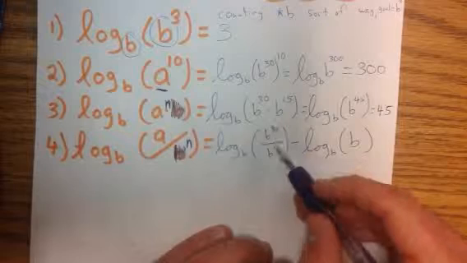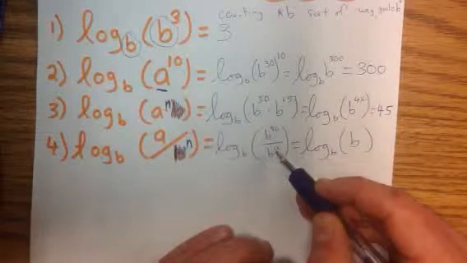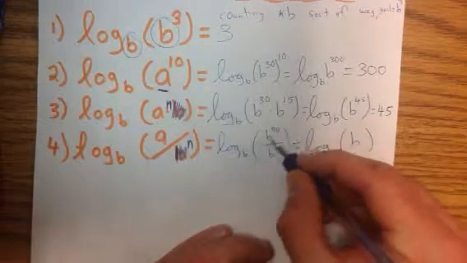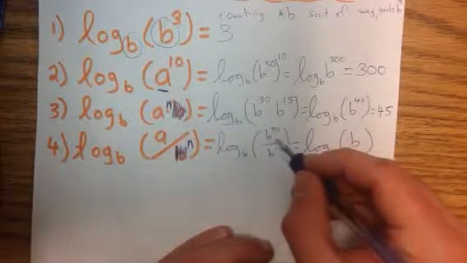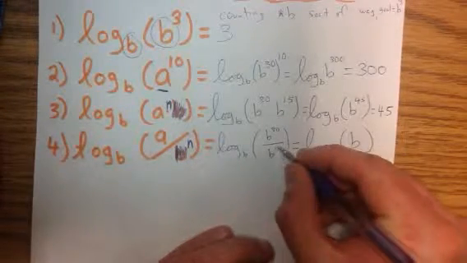They'll look at the 30 and the 15 and think, 30 divided by 15 is 2. But that's the wrong idea. You need to think about what b to the 30th is. B to the 30th means I've got a bunch of b's being multiplied, 30 of them, and I'm dividing 15 of them away.